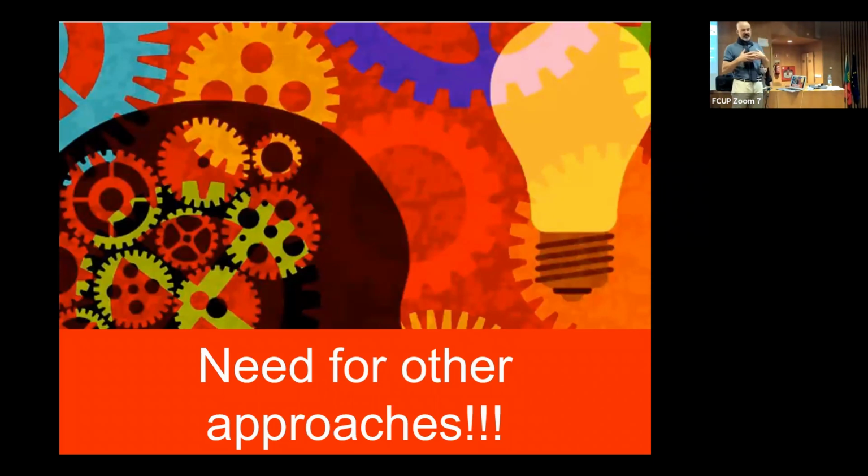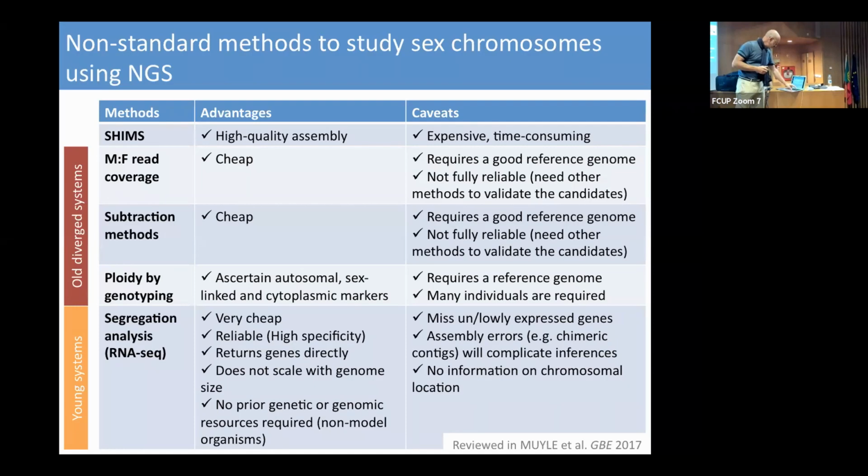So in the field of sex chromosomes, we had these technological problems, and we had to come up with alternative approaches to study these chromosomes. Different groups have developed different methods, and on this slide there is a list of methods.